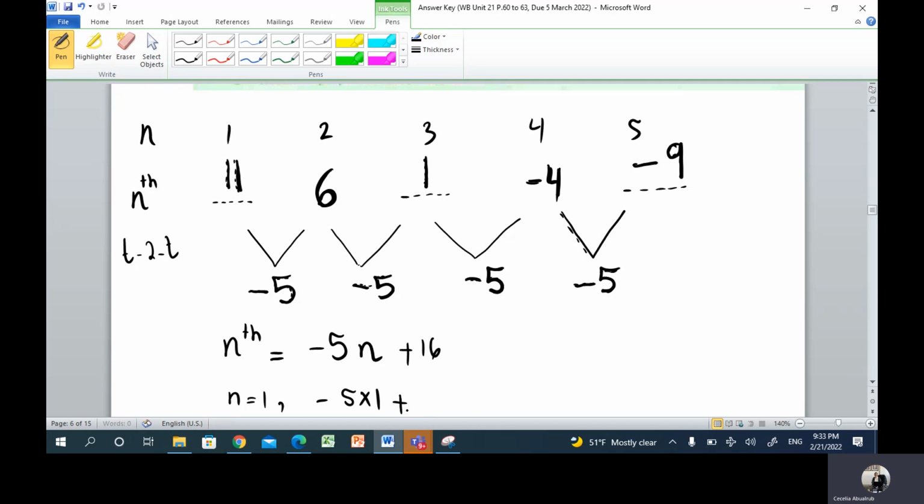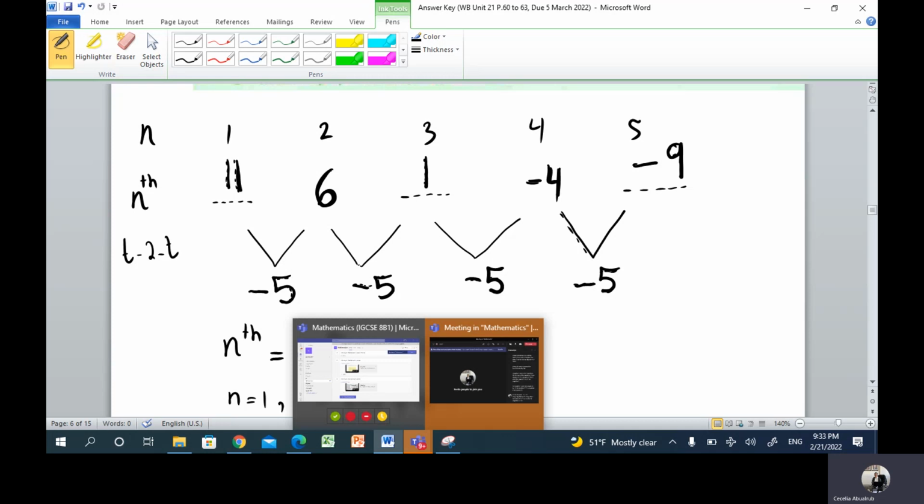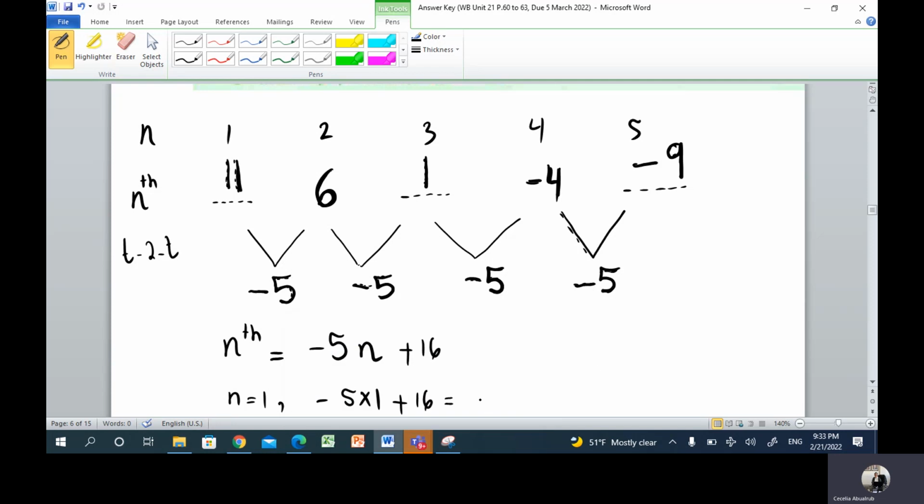Let's try. So plus 16, -5 plus 16, different signs we subtract, and we take the sign of the greater number. So 16 minus 5, it will be 11. Let's try on the next n.